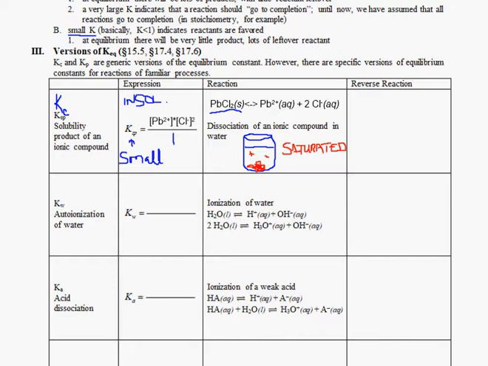Now, the benefit of knowing a Ksp and knowing that the reaction that involves a Ksp is the dissociation of an ionic compound lets us also do the calculation in reverse, and that is being able to precipitate ions into an insoluble salt. So this is our reverse reaction.